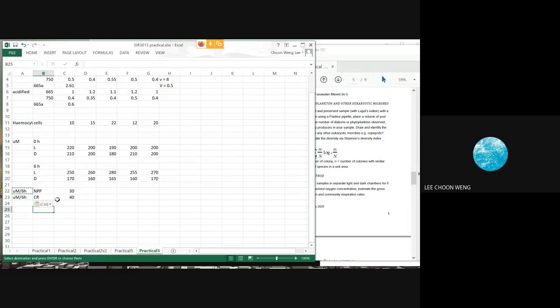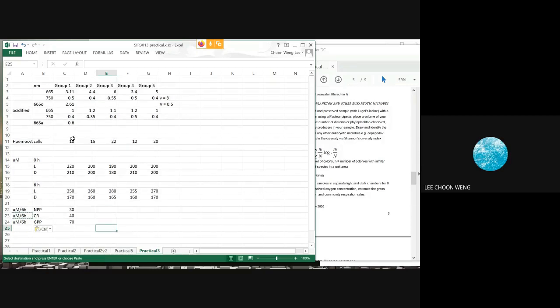For your gross primary production, if you remember, it is the sum of this and this. So that's your gross primary production.